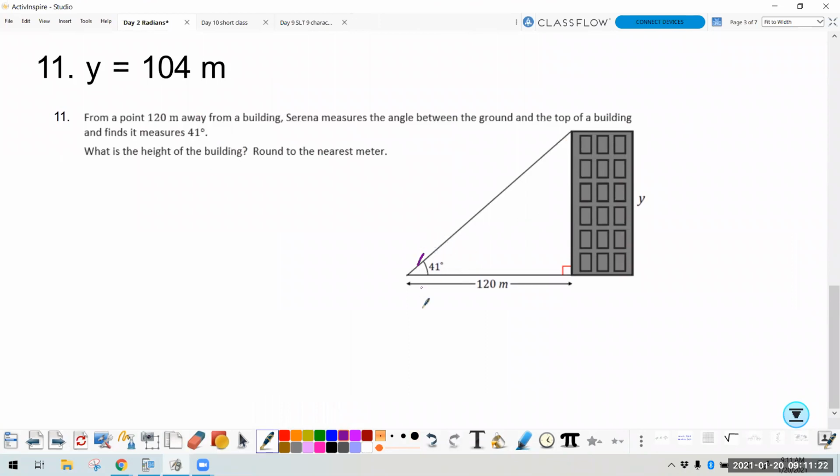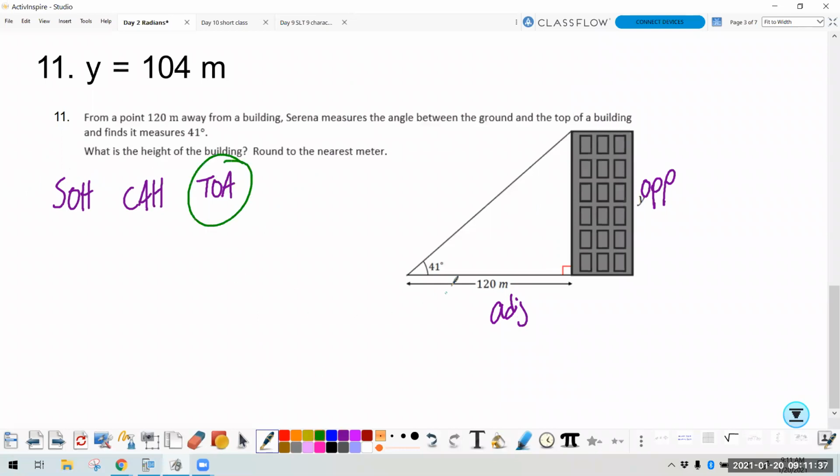So we're given this 41 degrees. I'm missing the opposite side and I have the adjacent side. So if I think of my SOHCAHTOA, tangent is what relates opposite and adjacent. So I'm going to set this up. Tangent of 41 is the missing side over 120.